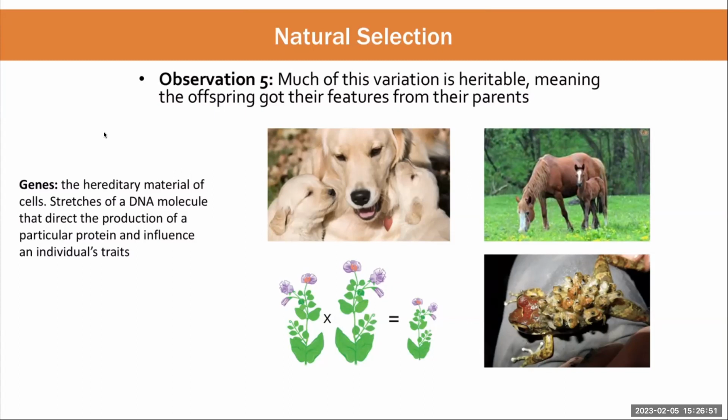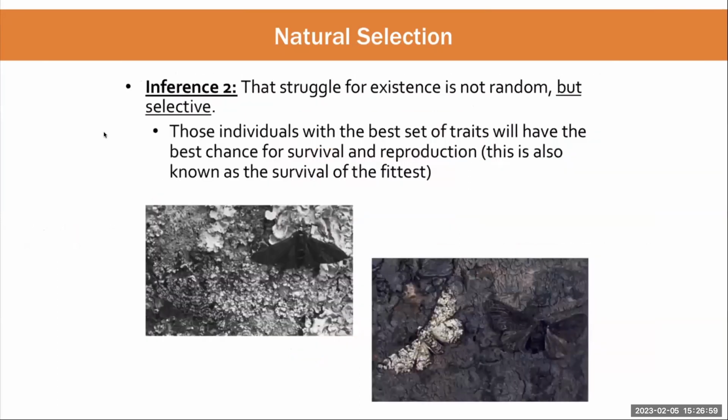So again, we understand now the genetic basis of the fact that much of the variation we see is heritable. Okay, so let's take this all together now. Our second inference is that the struggle for existence I mentioned earlier, the fact that there are more offspring born than can survive, is not random, but selective.